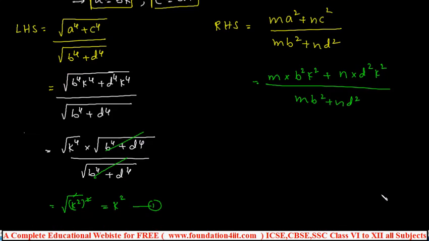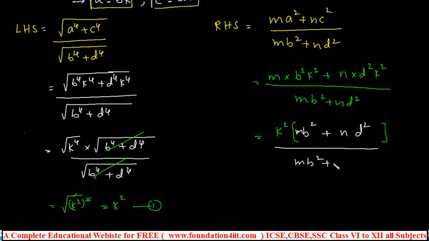Now similarly like previously, we can take k square as the common from the numerator. Remaining, if you see, that is b square and m is left. So b square m, or the same m b square plus n d square is the numerator, divided by the same m b square plus n d square as the denominator.